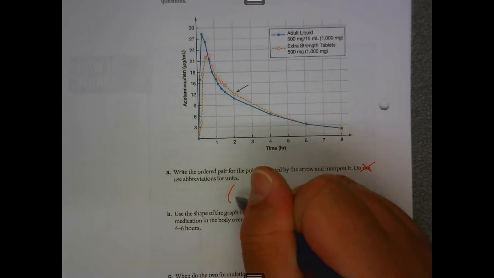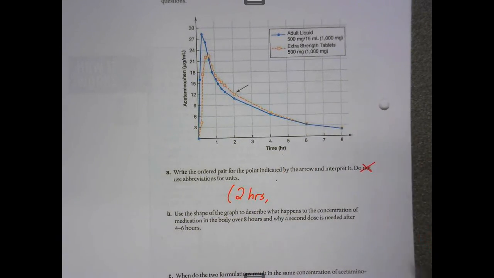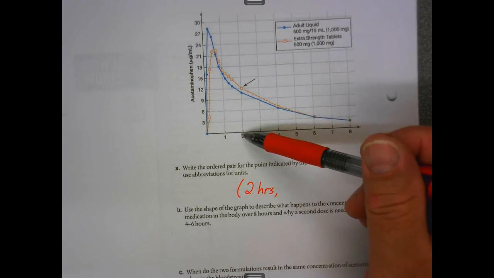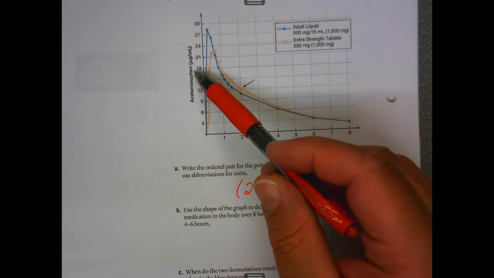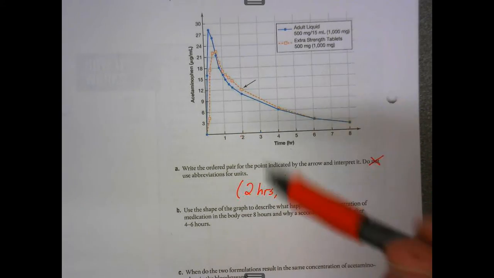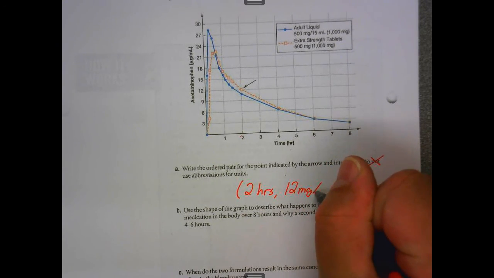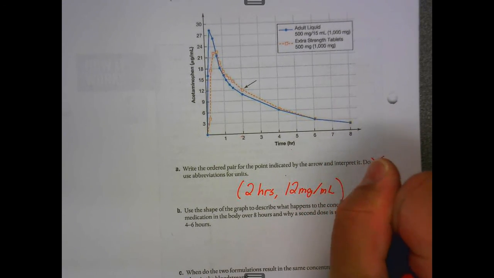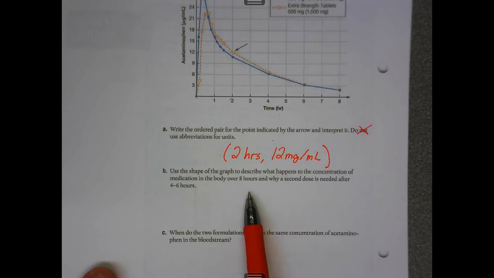Use the shape of the graph to describe what happens to the concentration of medicine in the body over 8 hours. So let's do that first. During the first 8 hours, it goes up rapidly, then starts to decline, gradually, pretty quickly.